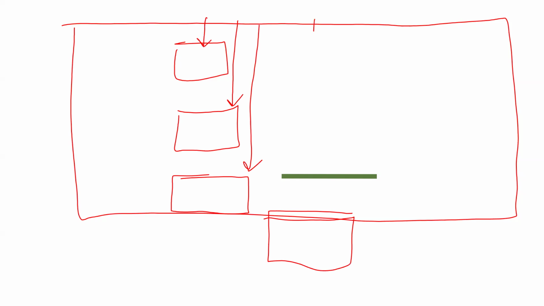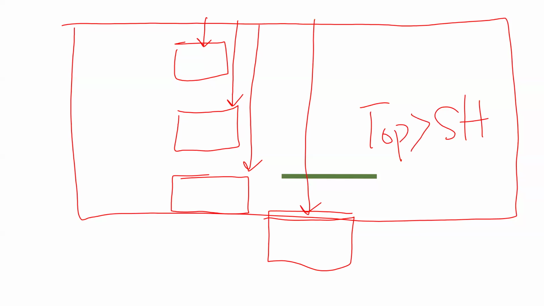So the top is either greater than the screen height, or it is exactly equal to it. That is the situation when this object disappears from the screen.